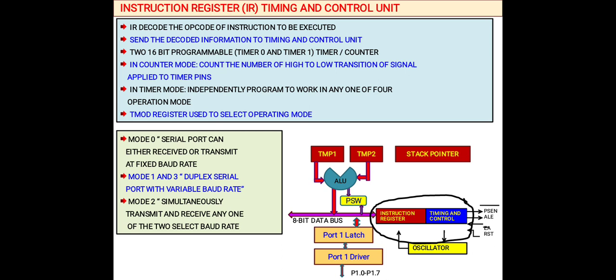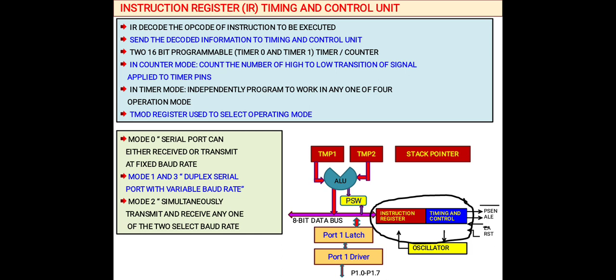The instruction register is used to decode the opcode of any instruction to be executed. After decoding, this register sends the decoded information to the timing and control unit to generate signals for execution of the specified instructions.